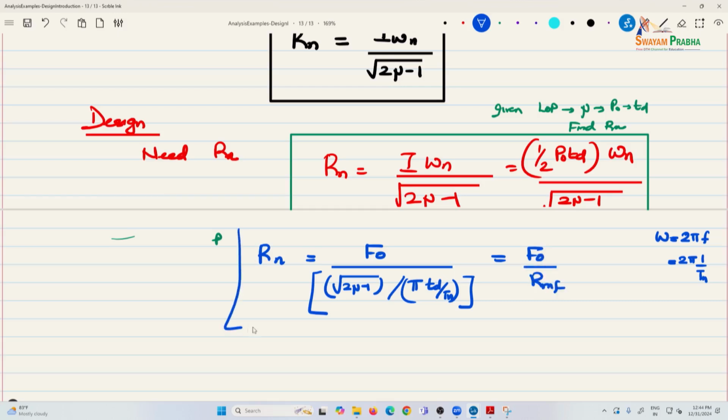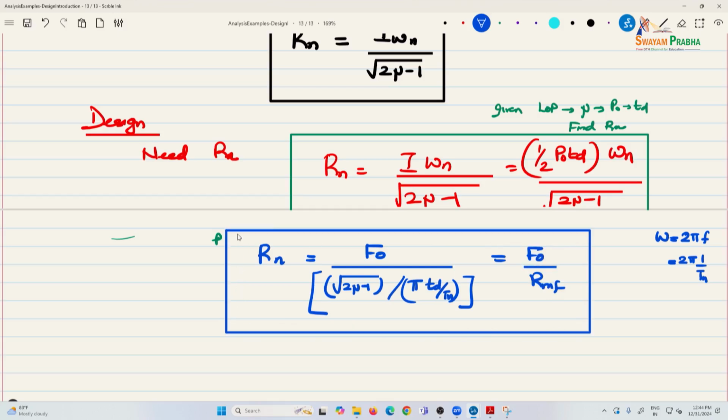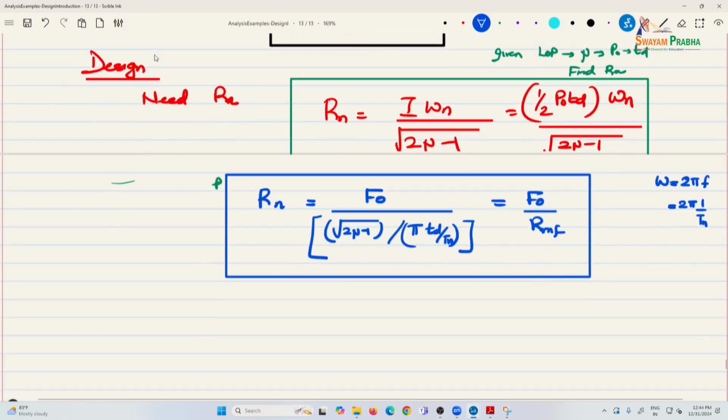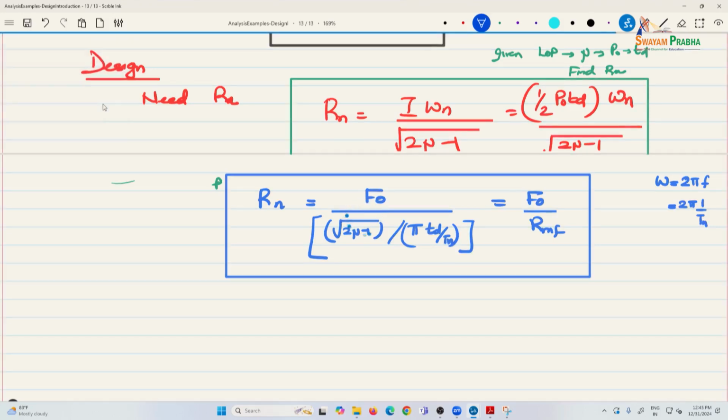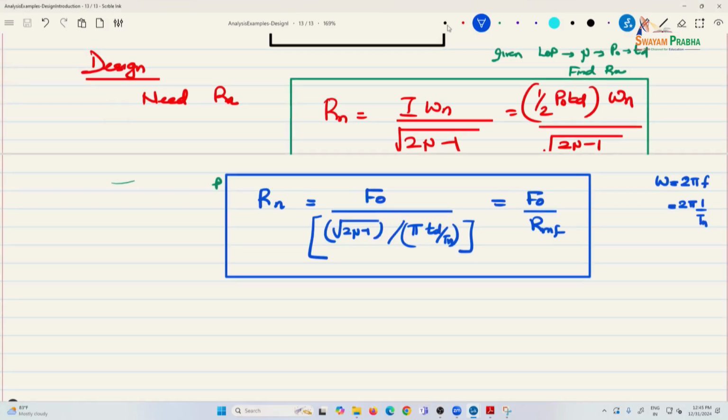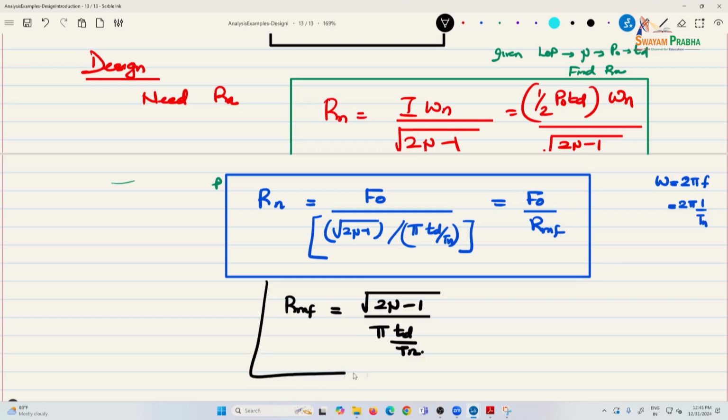Some creative individual, I don't know who it is, I tried looking for the original references, but I'm sure I haven't searched hard enough, that's for sure. So they came up with the response modification factor here as square root of 2 mu minus 1 divided by pi Td over Tn.